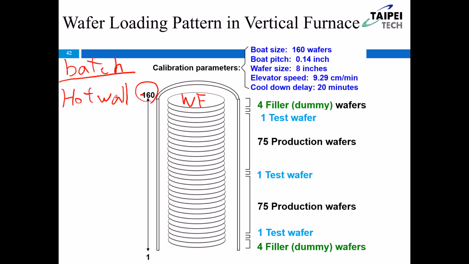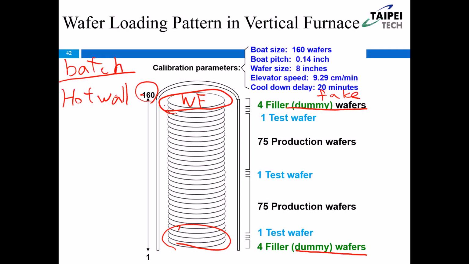Do you remember what the dummy means? Here and here we have the dummy wafers. Dummy wafer means fake. It's not real. It's a silicon wafer, but this wafer is not for sale. So we call it a dummy wafer.